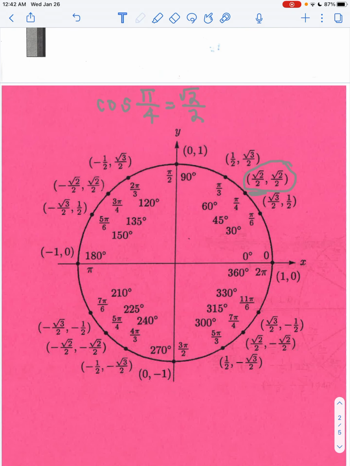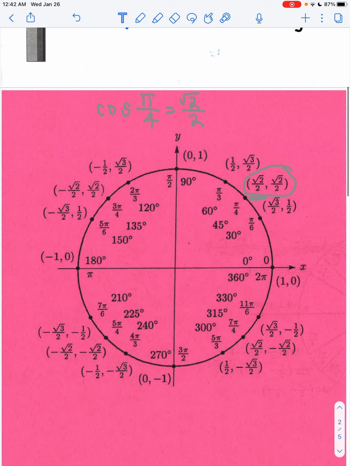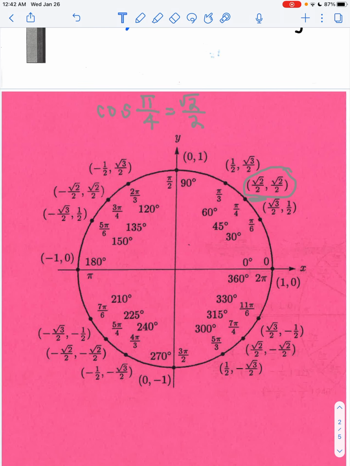If we look at the cosine of negative pi over 4, because cosine is an even function, when we rotate clockwise negative pi over 4, that takes us to 7 pi over 4 if you were rotating counterclockwise, but clockwise, that's negative pi over 4, and this is that ordered pair.